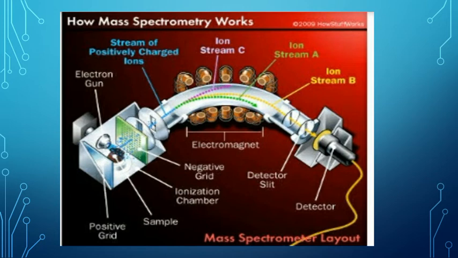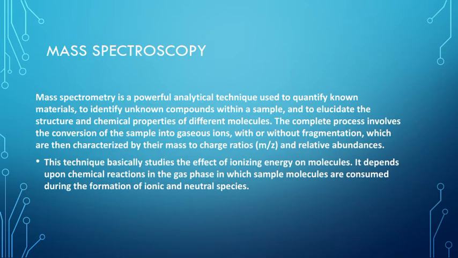How does mass spectroscopy work? Mass spectroscopy is a powerful analytical technique used to quantify known material and to identify unknown compounds within a sample, to elucidate the structure and the chemical properties of different molecules.